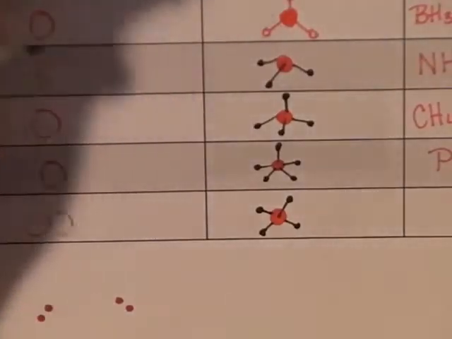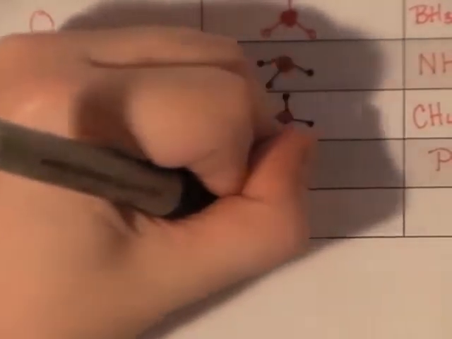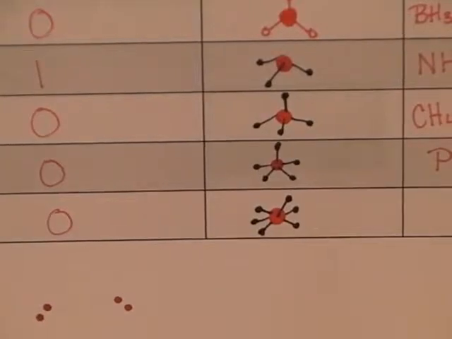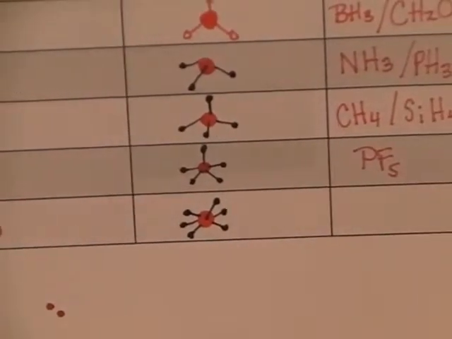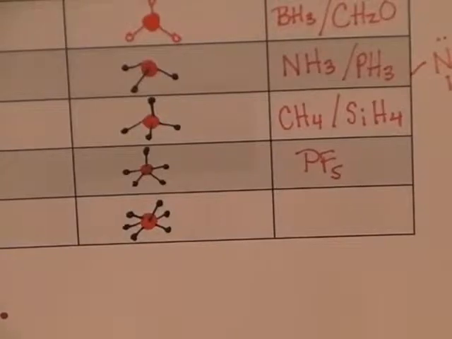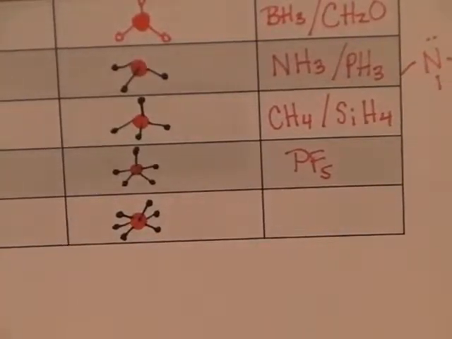So there's 4, 5, 6. I don't know. It's not great, but at least it'll help you remember that it's got 6 things bonded to the center. I'm sure one of you can come up with a much better drawing than I could. It looks like a spider, but not a spider because it doesn't have 8 legs. It only has 6 legs, so it'd have to be an insect.